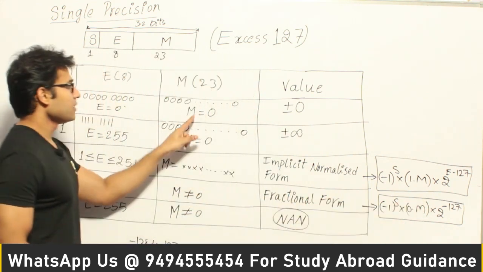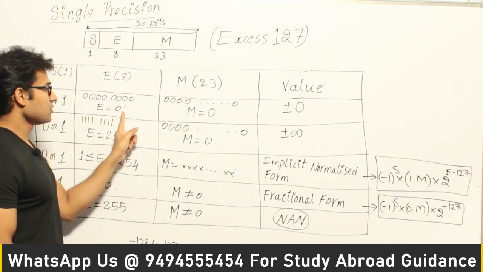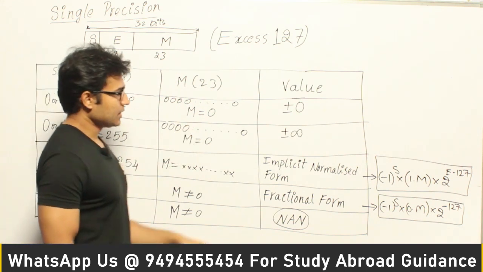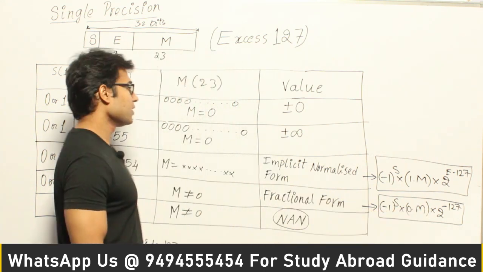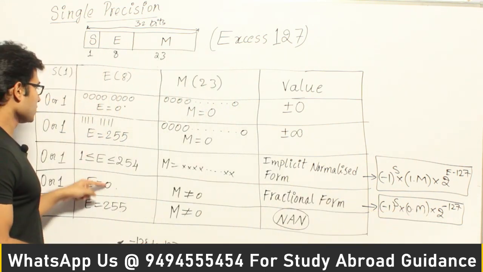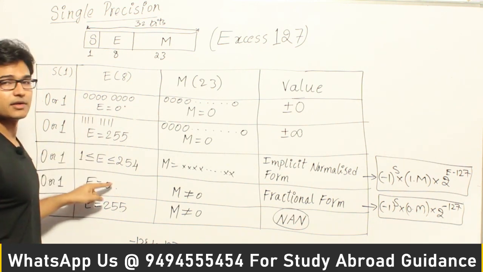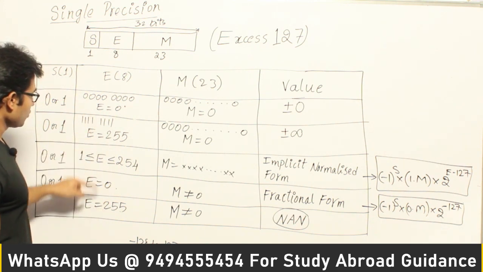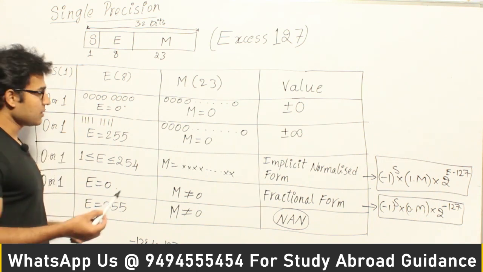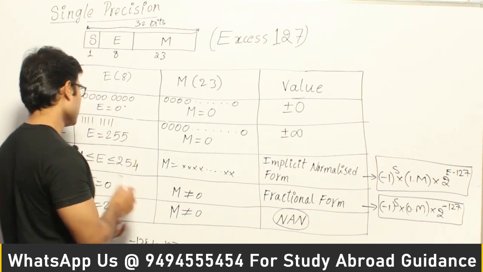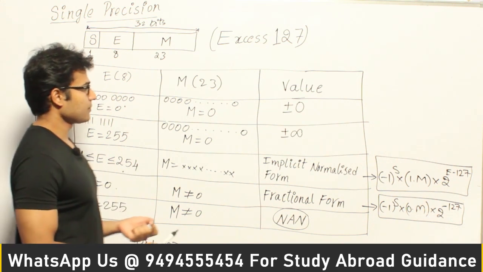See this. If M equal to 0 and E equal to 0, you can still use this formula and then you are going to get it as 0. So remember it that way. Whenever E equal to 0, it is going to be either 0 or fractional part, and whenever E equal to 255, it is going to be infinity or not a number. Other than these two, you are going to use the combinations from 1 to 254. Got it?